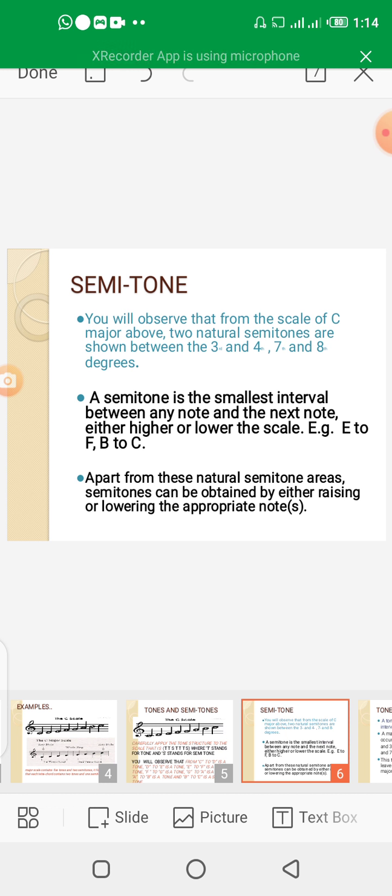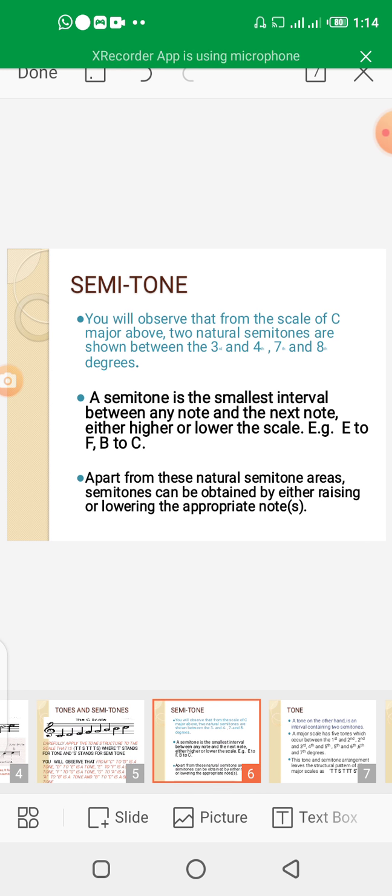So, for example, if a sharp is added to C, it becomes C sharp. The difference between C sharp and D becomes a semitone. So I just want you to know that apart from natural semitone areas, semitones can be obtained by either raising or lowering the appropriate notes.